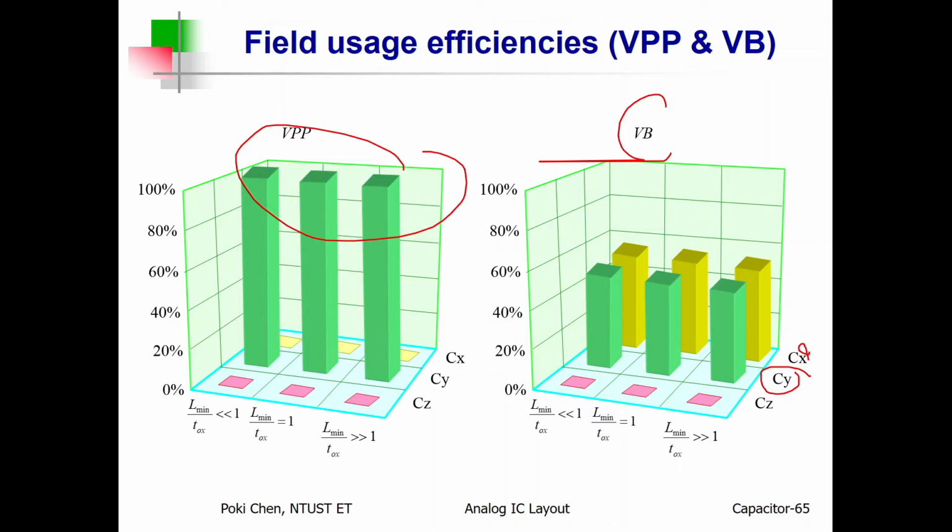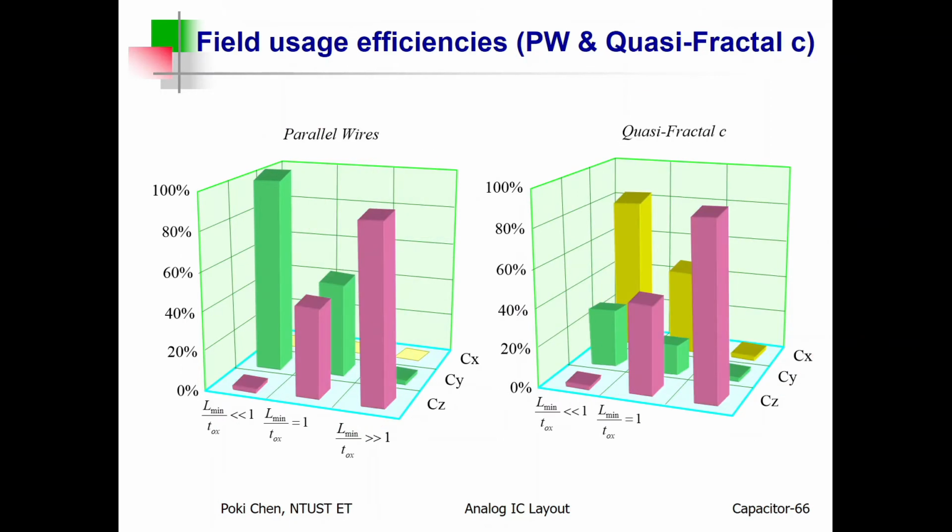For both capacitors, they don't have such kind of vertical flux. All right, they don't have those, so it means they are very good for matching, and also they can be scaled with the process evolution. And how about the others? All of them have such kind of vertical flux.